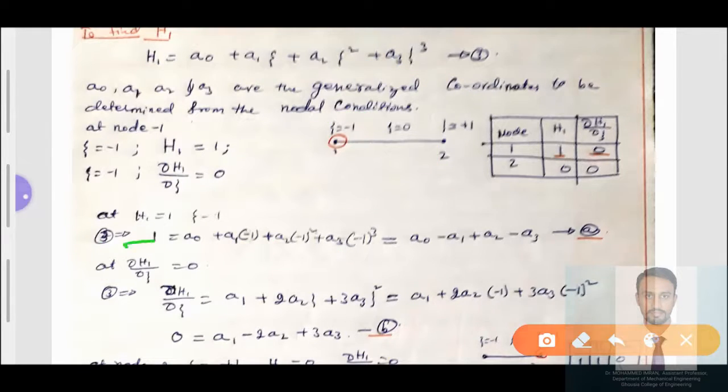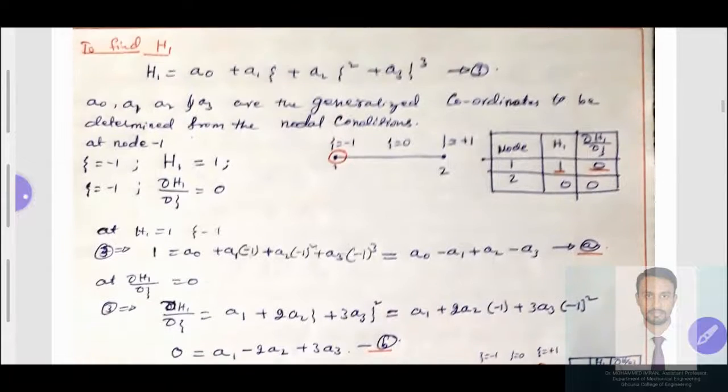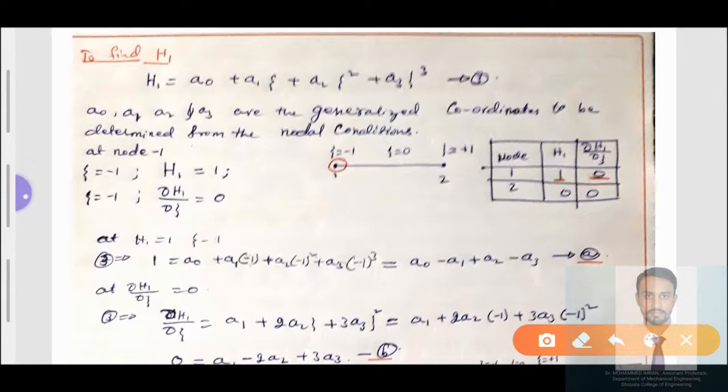We have 1 is equal to a0 minus a1 plus a2, since (-1) squared is 1, and minus a3, since (-1) cubed is -1. Call it equation number A. Again we will use this equation to find the unknown values. Why are we doing this exercise? To find out a0, a1, a2, a3.